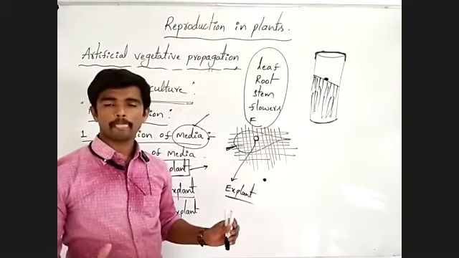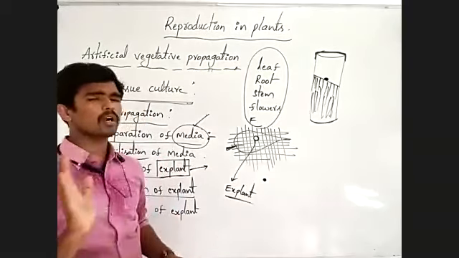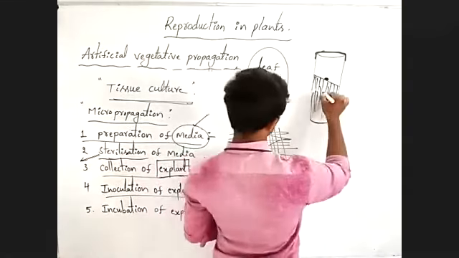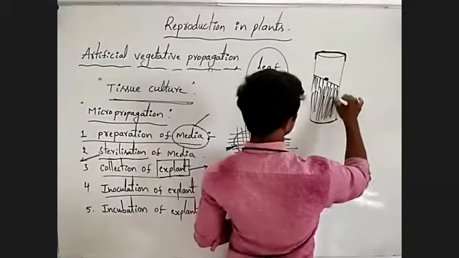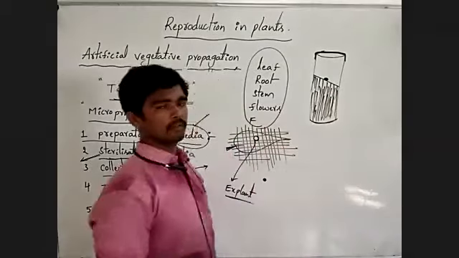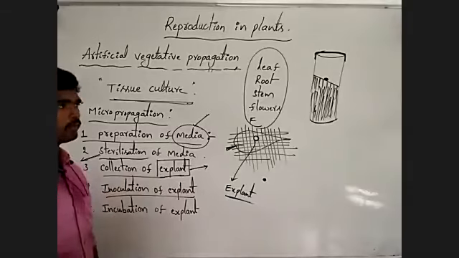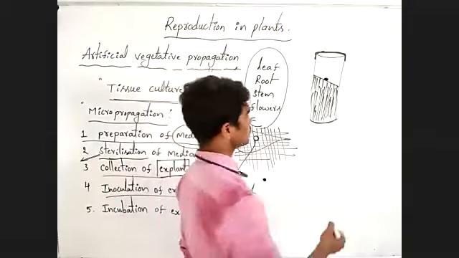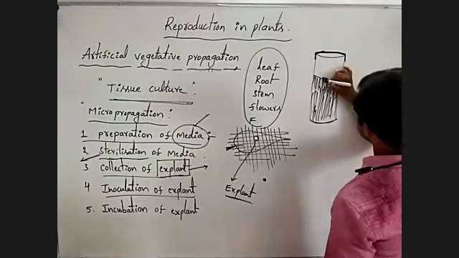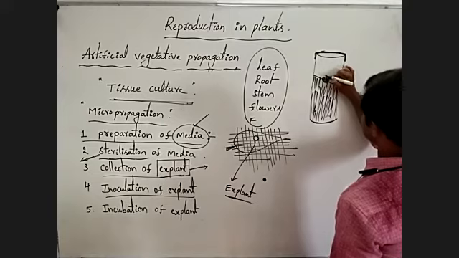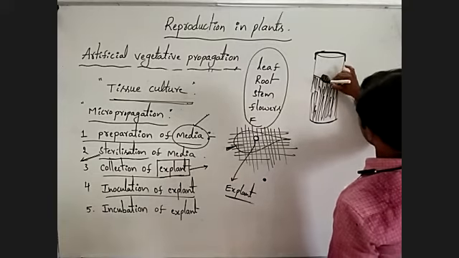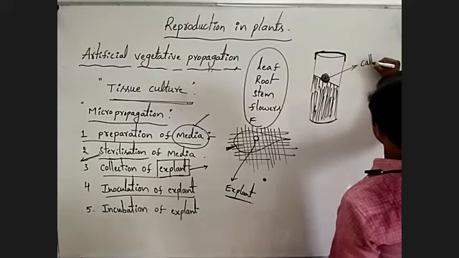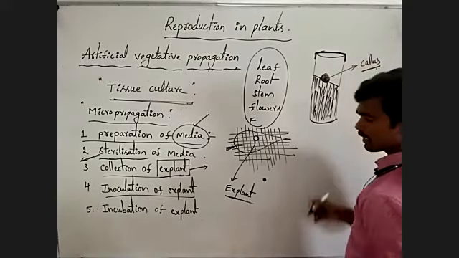Under those controlled conditions, we place the test tube for a few weeks. After a few weeks, you can observe a ball of cells. This ball of cells is called callus.